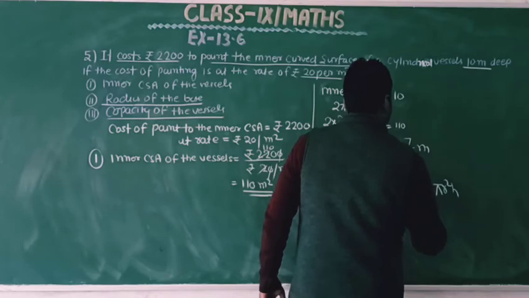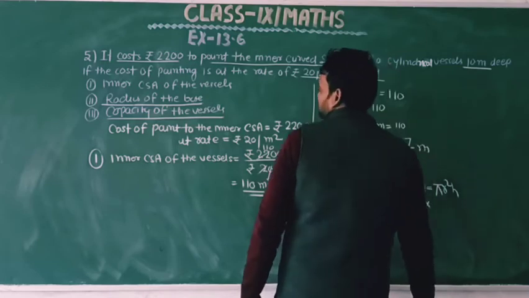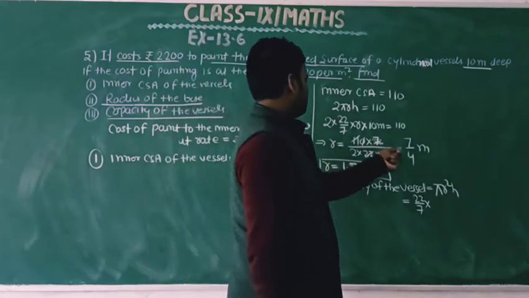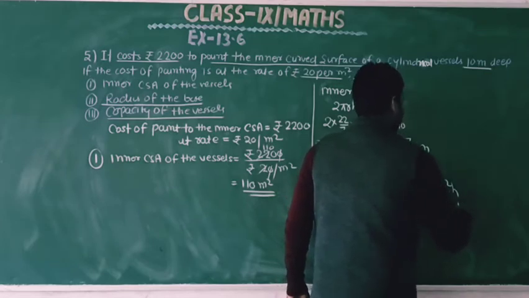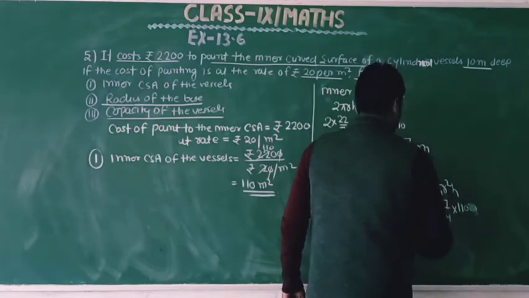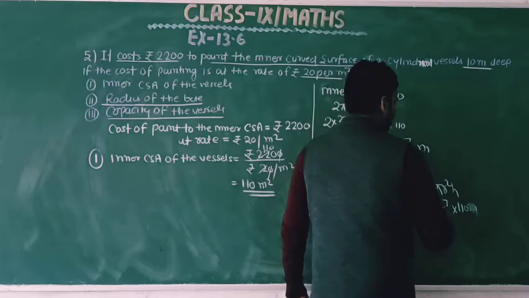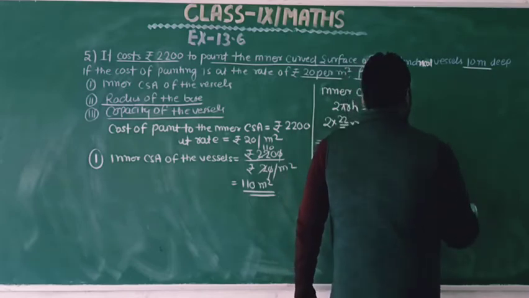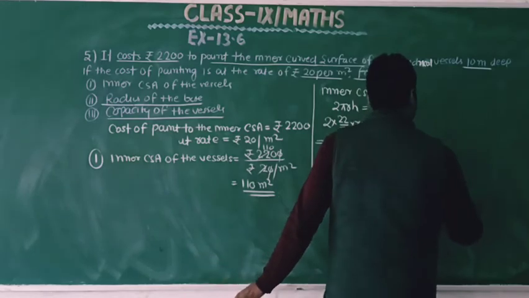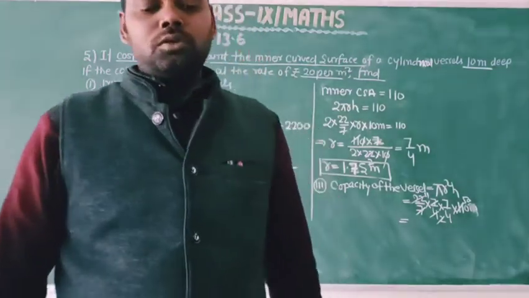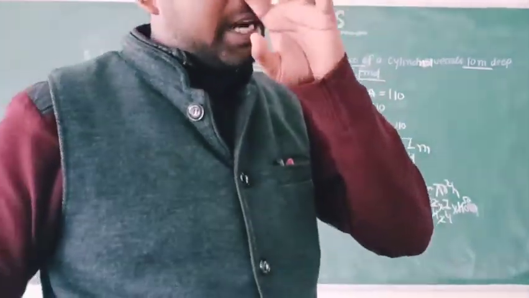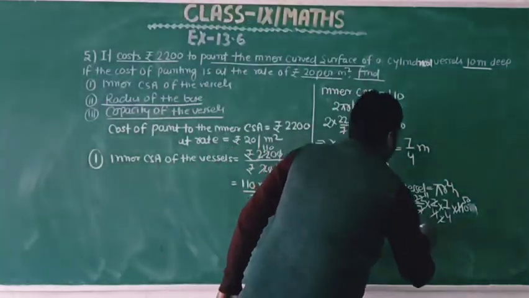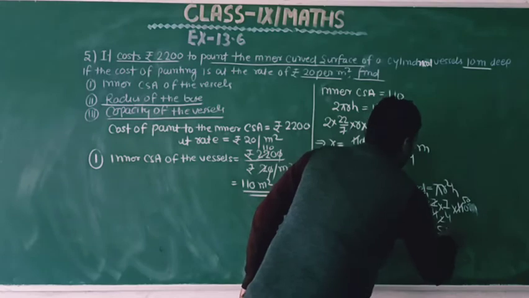So the value of pi is 22 by 7, and the radius we found is 7 by 4, and the height is 10 meter. 7 cancels out, and simplifying, we finally get the capacity of the vessel equal to 96.25 meter cube.